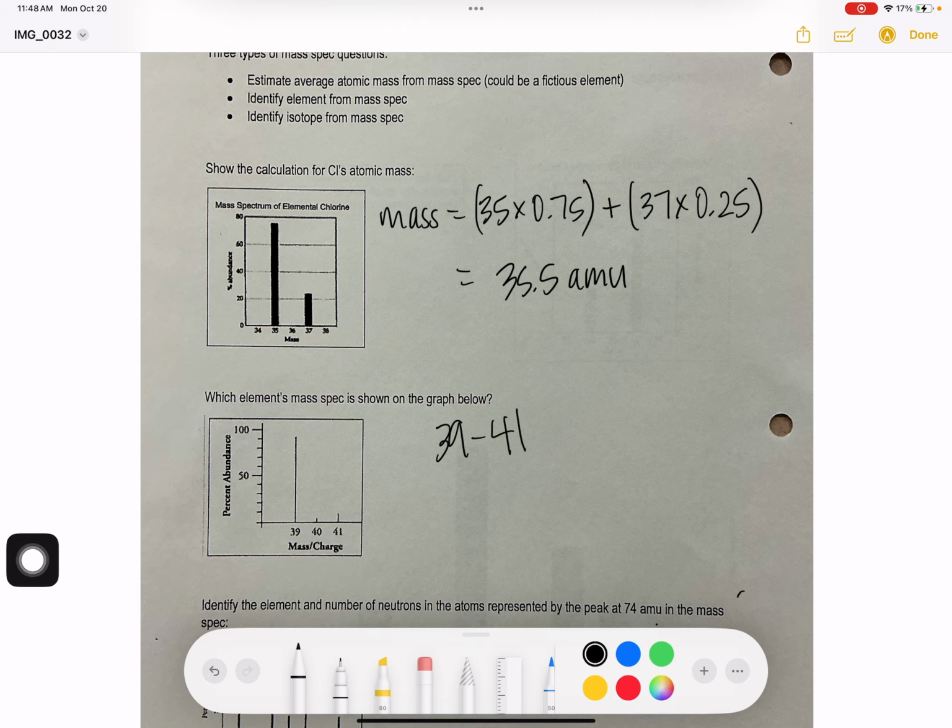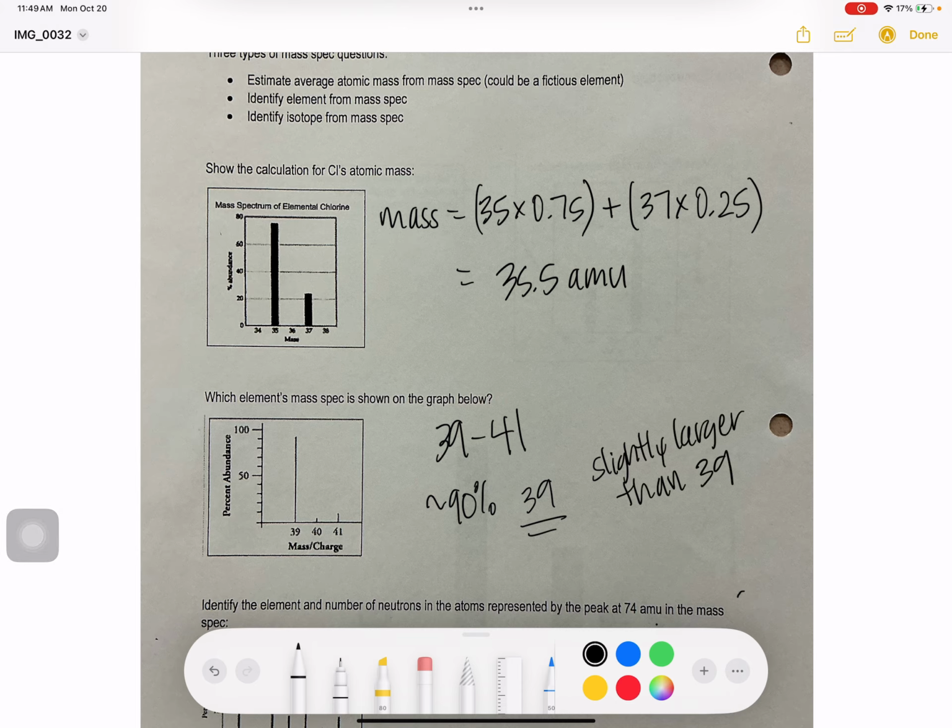And knowing that somewhere in the neighborhood of 90% of this element has a mass of 39, it means my average atomic mass is going to be very close to 39, but a smidge higher because of the 41's contribution to that. So I would say it's just slightly larger than 39.